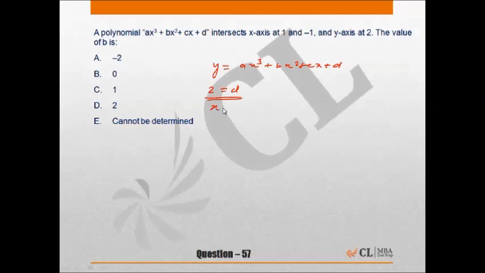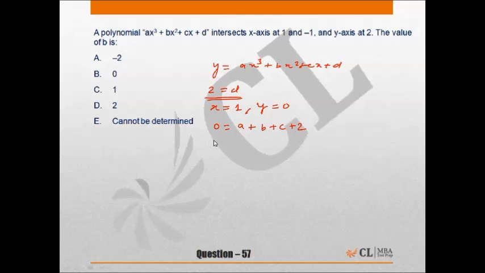When it cuts the x-axis at 1, which means y has to be 0, and from here we get 0 equals a into 1 cube, that is a, plus b into 1 square, that is b, similarly c, plus 2, as we have got the value of d as 2.